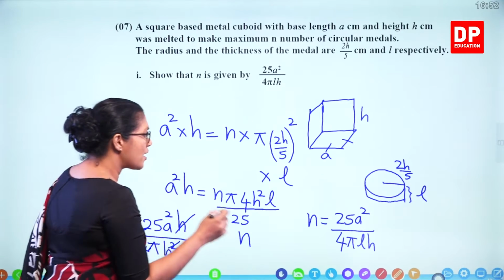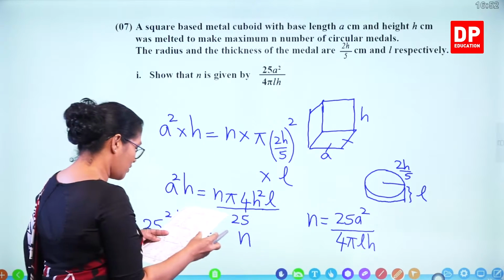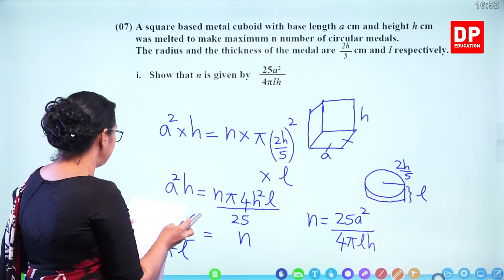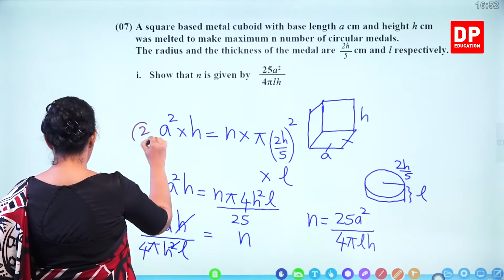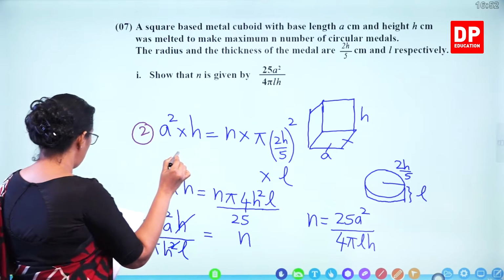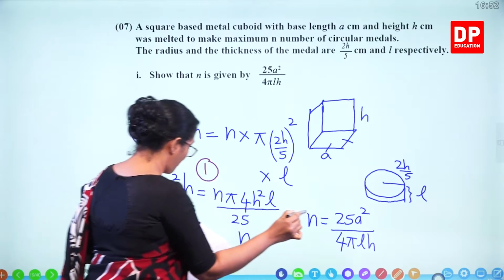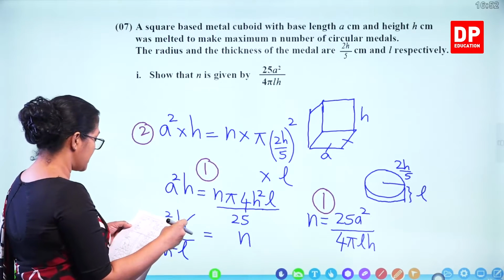So how many marks for showing this? You get 2 marks for writing down this equation, 1 mark here, and 1 mark for the final answer. So 4 marks for that.